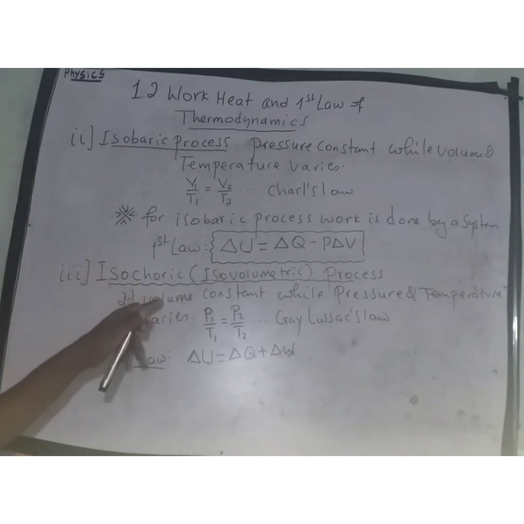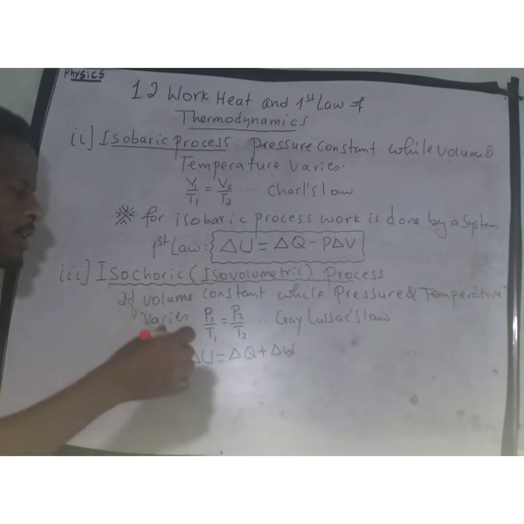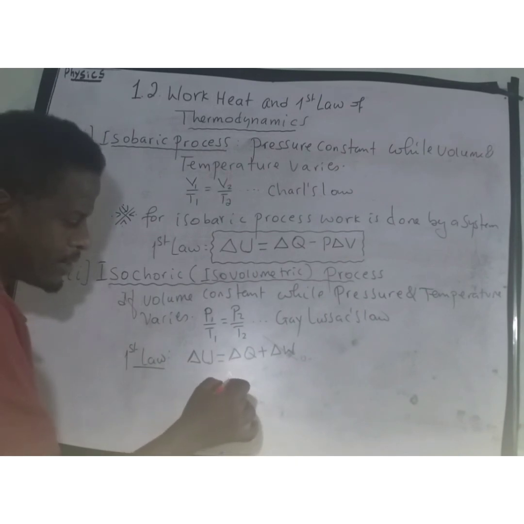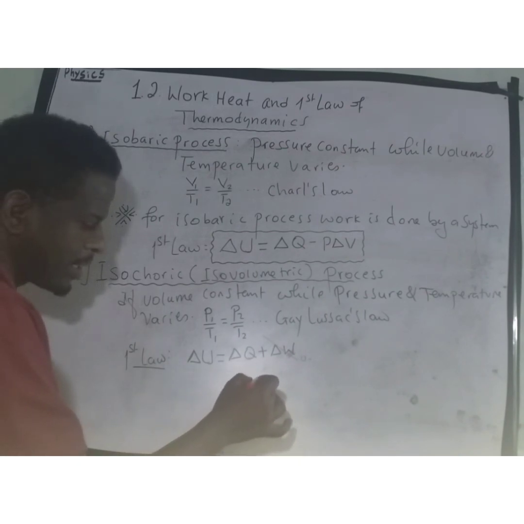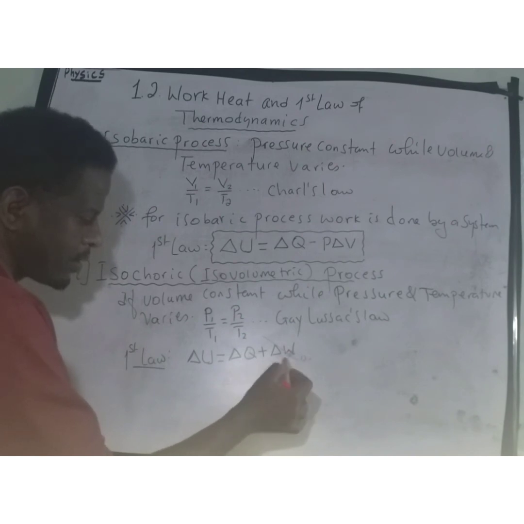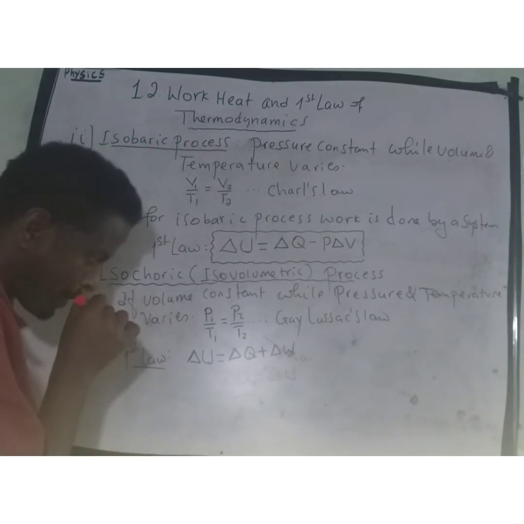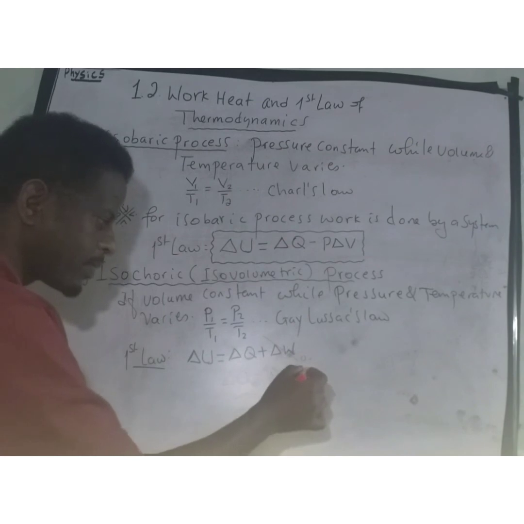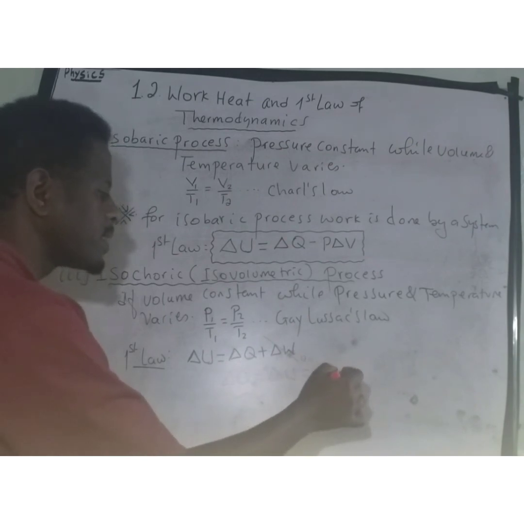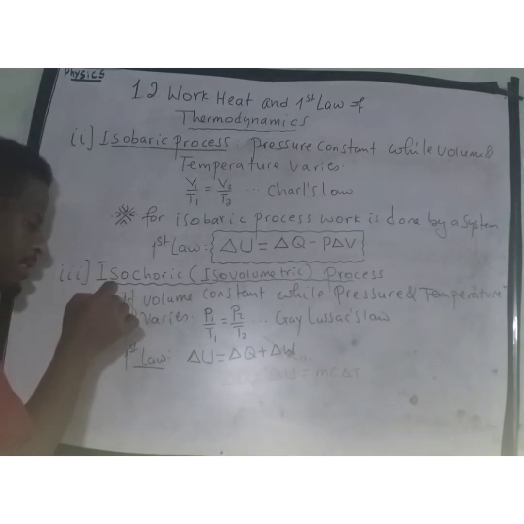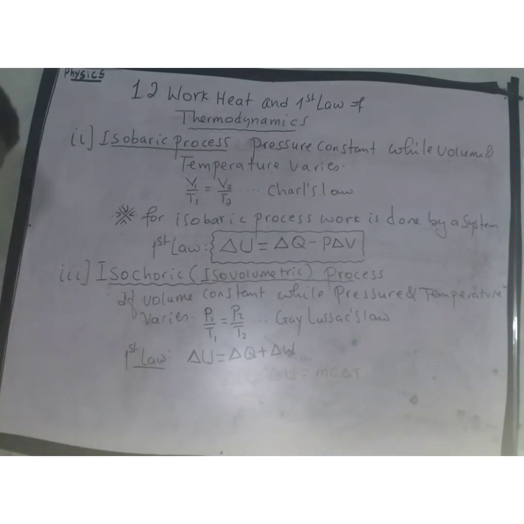If volume is constant, then work done becomes 0. Therefore, energy entering a system through heating and internal energy become equal, and change in Q equals mass times specific heat capacity times change in temperature. This is the first law of thermodynamics for an isovolumetric process.